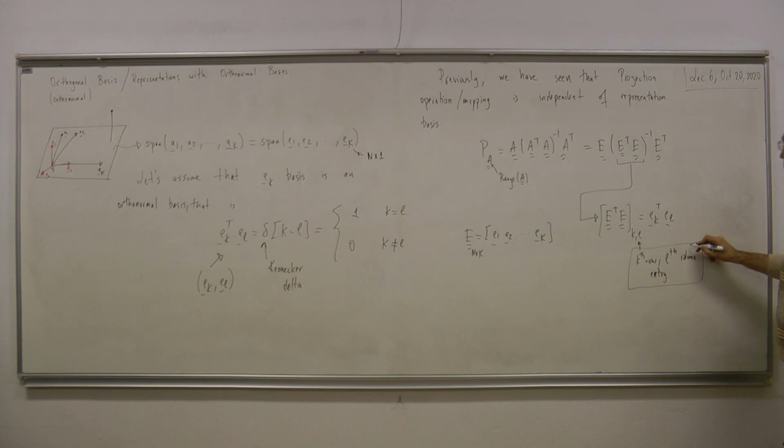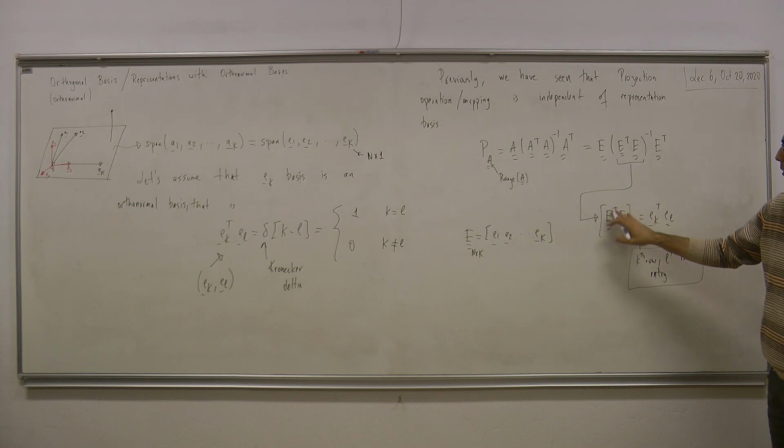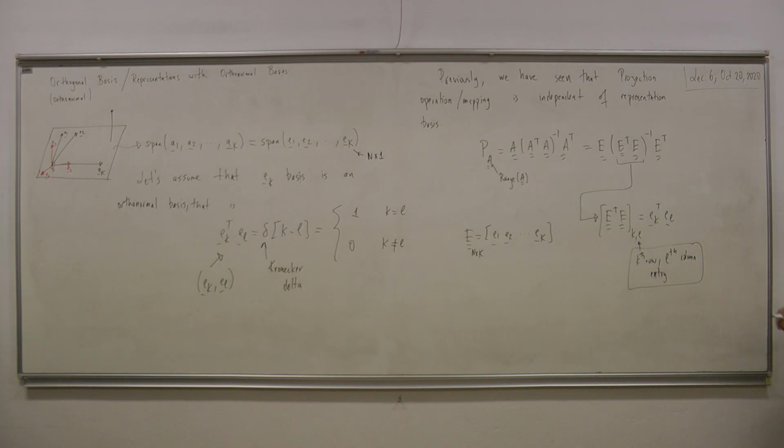Okay? So I have this. So if they are indeed orthogonal, well, maybe you can also remember the following. This Gram matrix is nothing but the matrix of inner products. So here is one of them. One of the elements of this matrix, the KL entry, is this. And if they are indeed orthogonal, then I know that when the indexes are different, I get 0. So I get something like this.